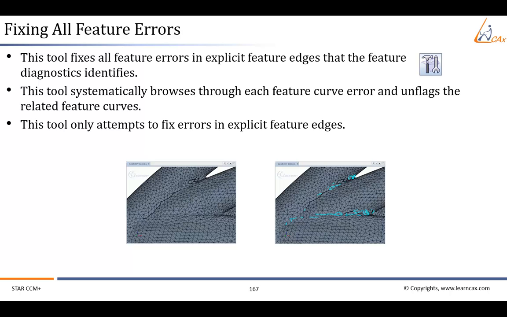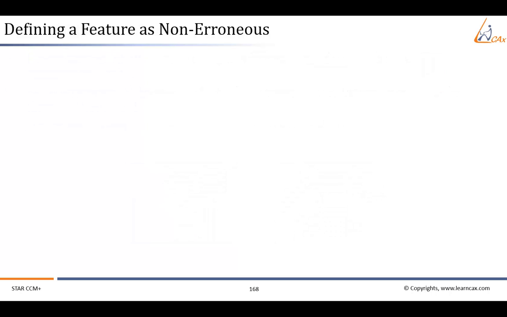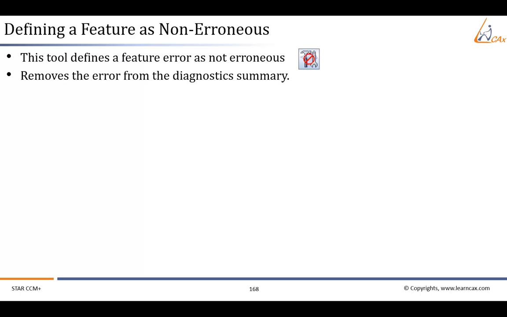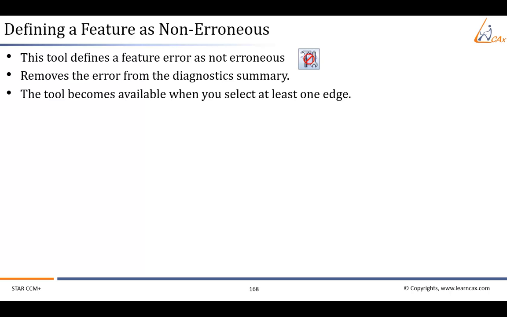Next is defining a feature as non-erroneous. This tool defines a feature error as not erroneous. It removes the error from the diagnostic summary. The tool becomes available when you select at least one edge.